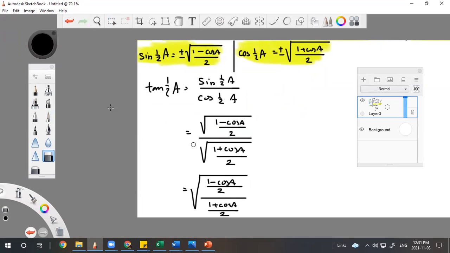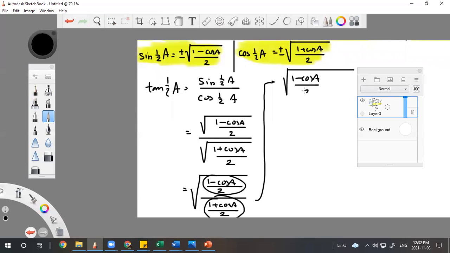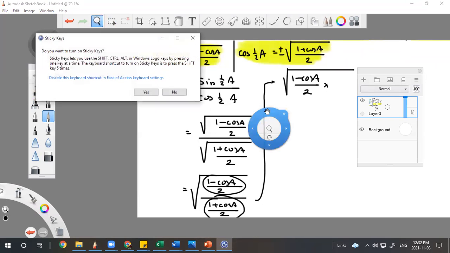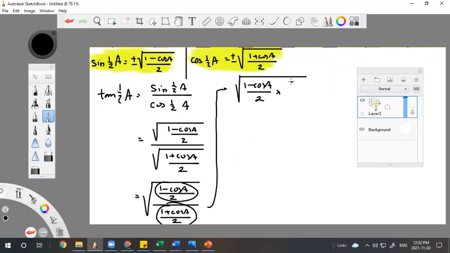It is so annoying, right? So you can just switch this to the bottom, the denominator side. It can be written as this, times 2 over.